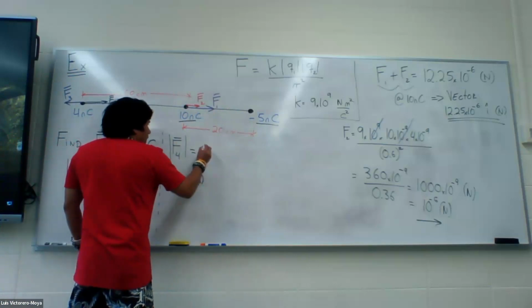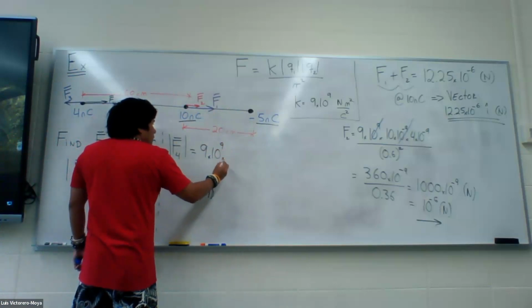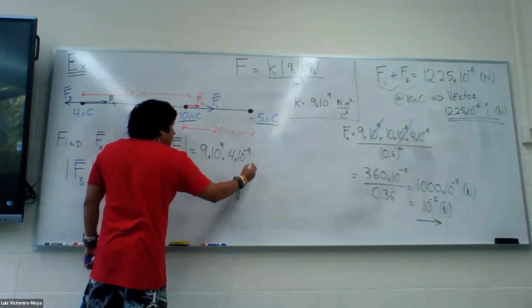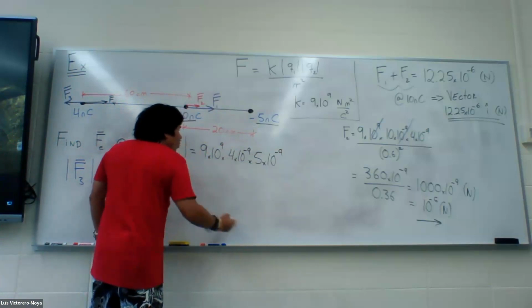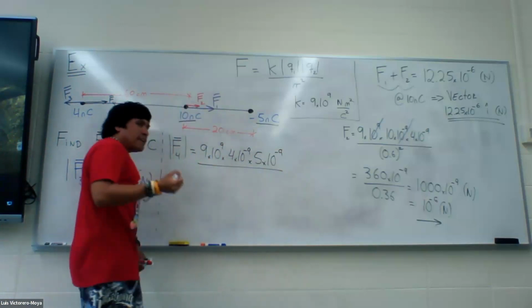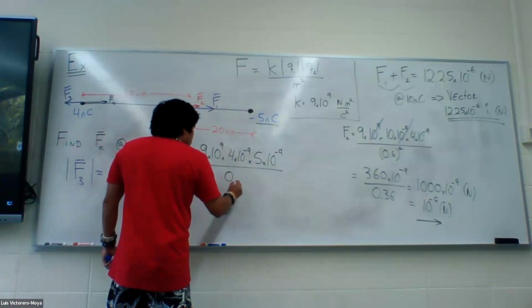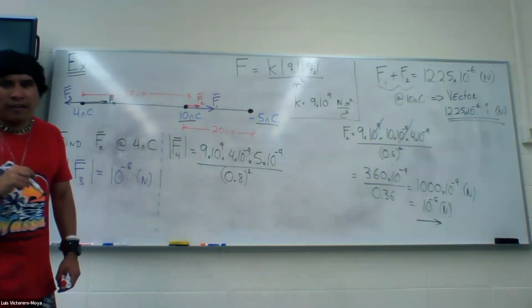So here it will be K times 4 times 5 over 80 centimeters, which is 0.8. Any questions about that?